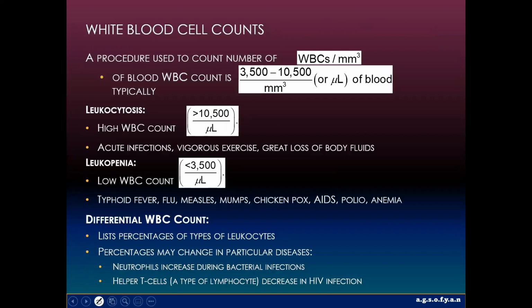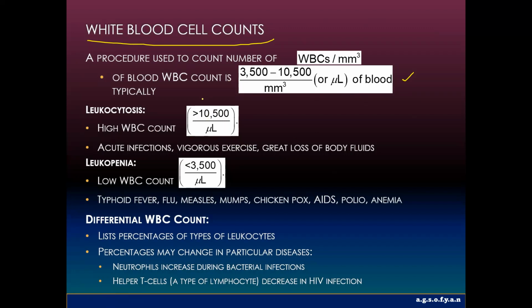Now the counts. The normal count for white blood cells, for normal, healthy people, is around 3,500 to 10,500. So this is the normal value for white blood cell. Remember, for red blood cell it is about 5 million. Okay, so it's really a big difference.